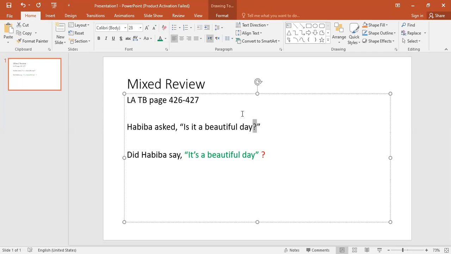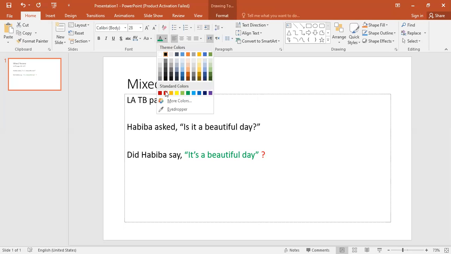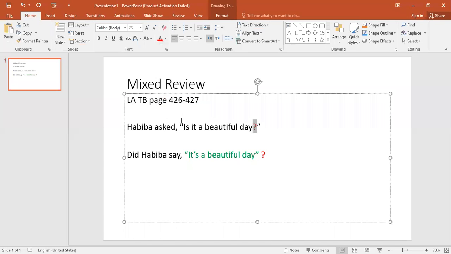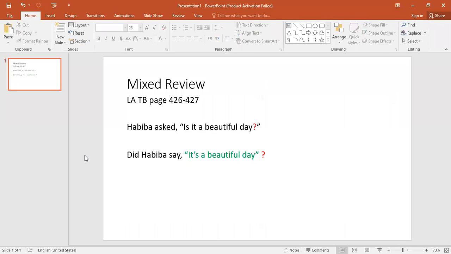We put the question mark inside because Habiba is asking this. This is part of Habiba's direct quote. But in the second one, Habiba said "it's a beautiful day," so I'm asking, did Habiba say this? In the first, it is a question that she asks. In the second, she makes a statement. So I'm asking, did Habiba say this statement? Is that clear for you? Yes. Okay, thank you. You're welcome.